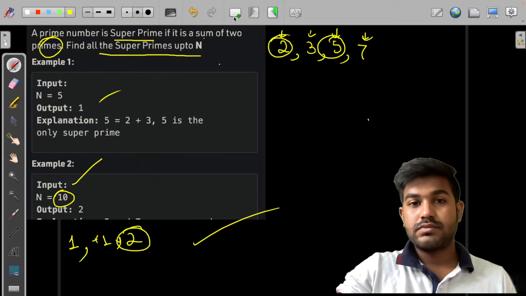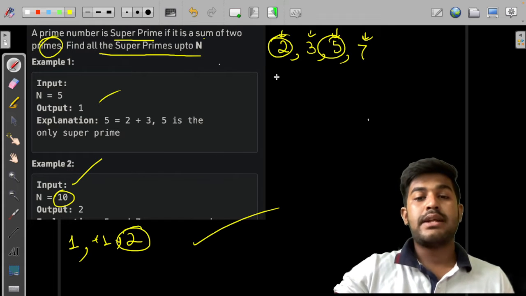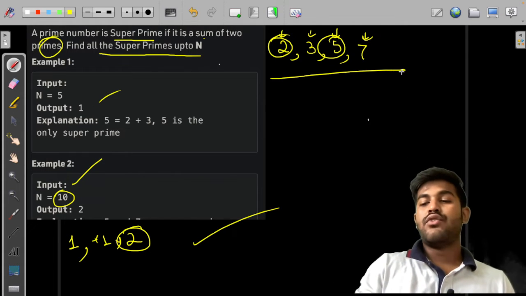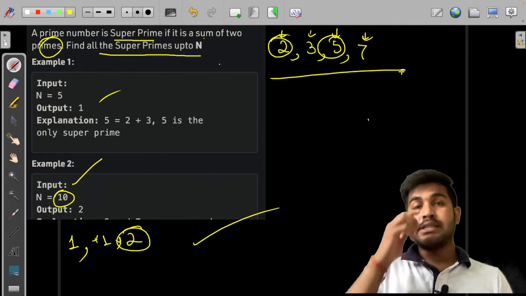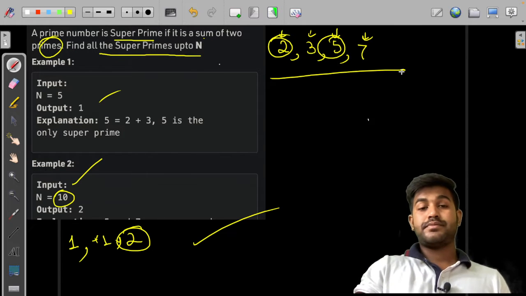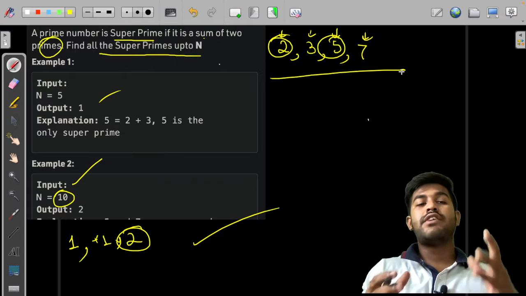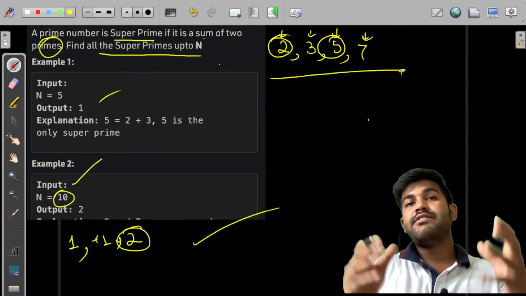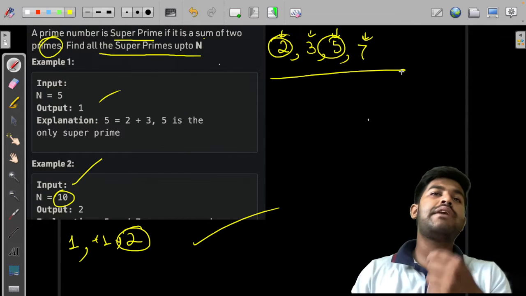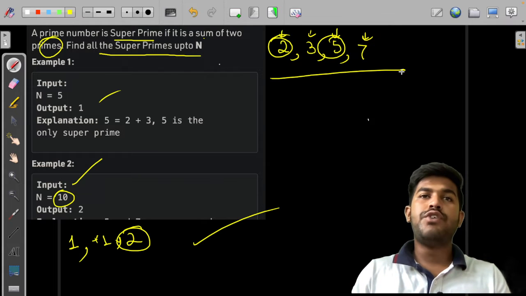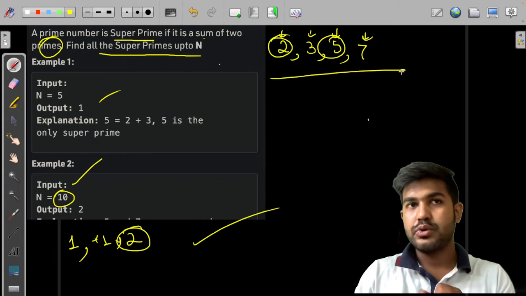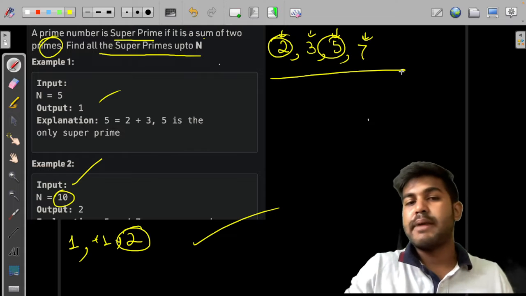Now we would discuss this, but the first step was to check if the number is a prime number or not. So we need to first check if the given number is a prime number or not, and then we can club it together. So we would first solve the issue of how to know if the given number is a prime number or not.